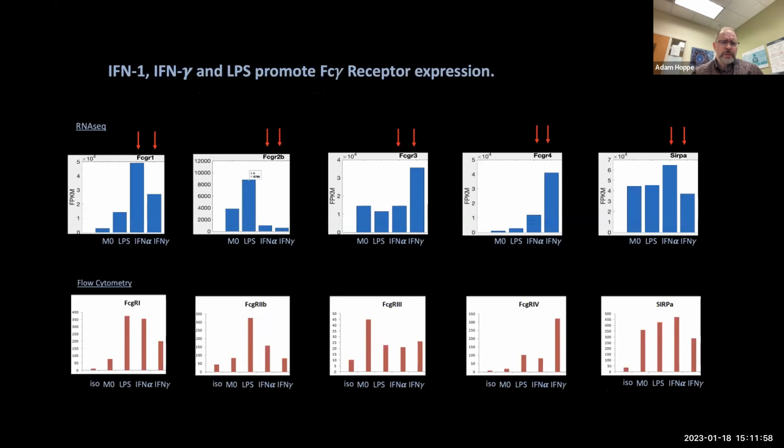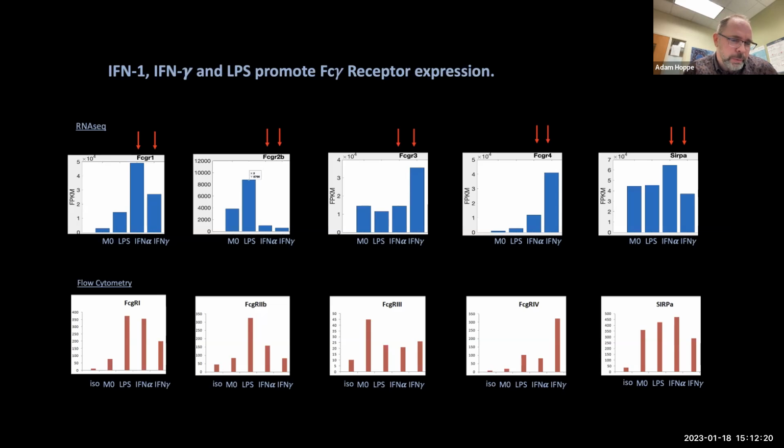Okay. So if we look simply at Fc receptor expression, we can see, from RNA-seq and from flow cytometry data, that the Fc receptor distribution on the surface of mouse macrophages is heavily influenced by the interferon environment that these macrophages are experiencing.